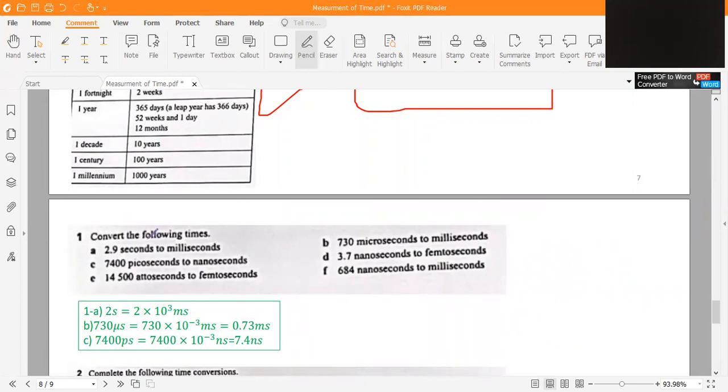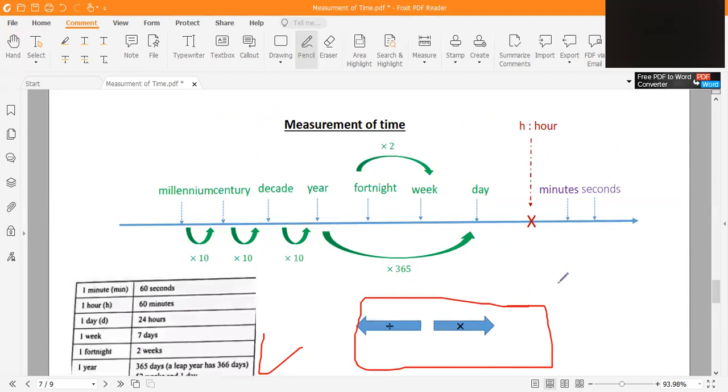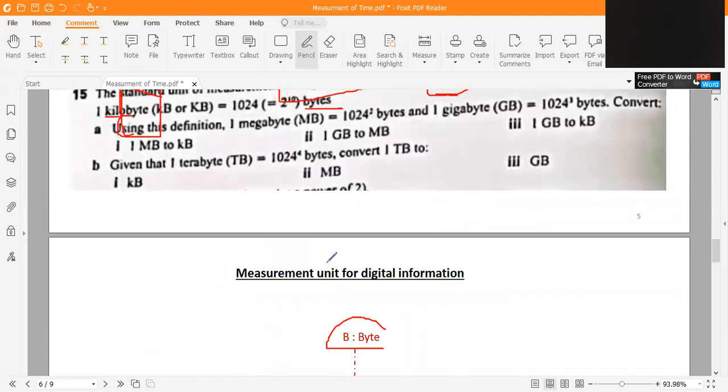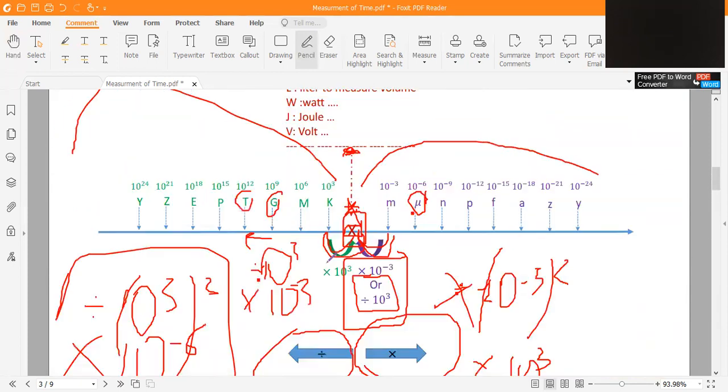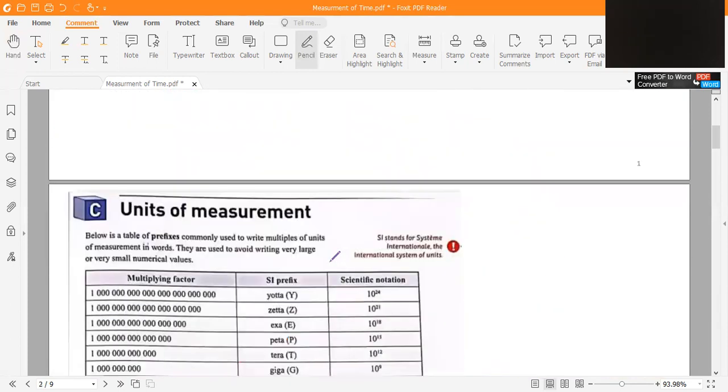Like in exercise one, convert the following times. Part A, 2.9 seconds to milliseconds. Normally here we have seconds and milliseconds, in the same unit family, so we use the converting axis, the first one.